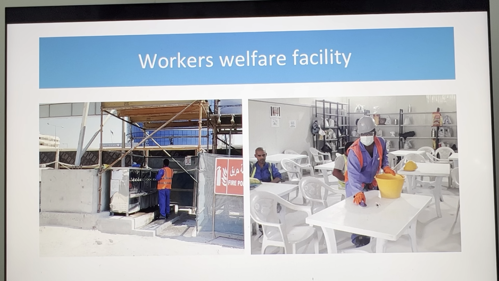And the moment they are going to use that, they have to use latex hand gloves to protect workers from the effects of disinfectant. Workers were trained to clean regularly. Otherwise, if it is not clean, then I will make the safety manager responsible to answer why it is not clean.